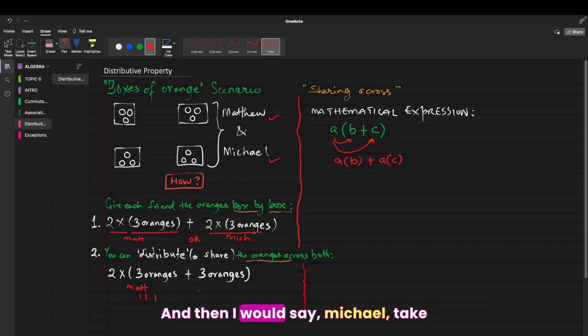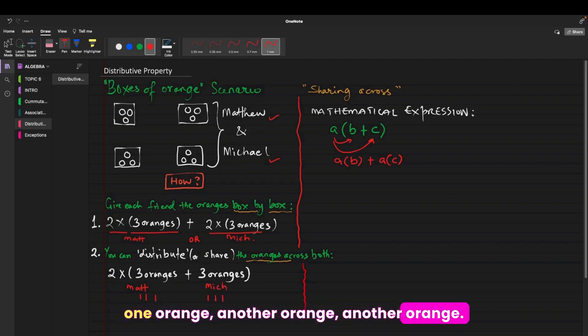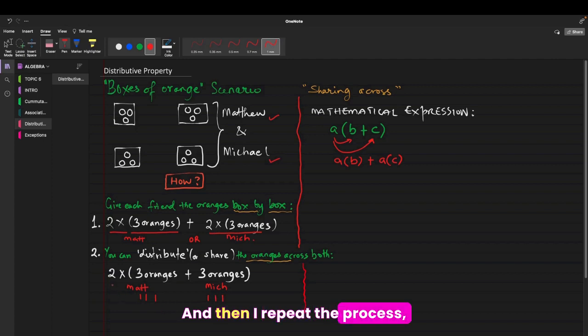And then I would say Michael, take 1 orange, another orange, another orange, and then I repeat the process again so that it can occur 2 times, right? So I would say Michael, take another orange, take another orange, take another orange. Matthew, take another orange, take another orange, take another orange.